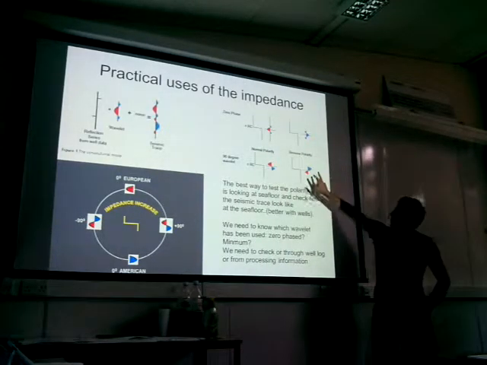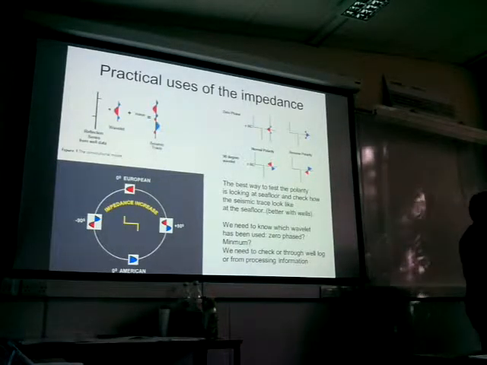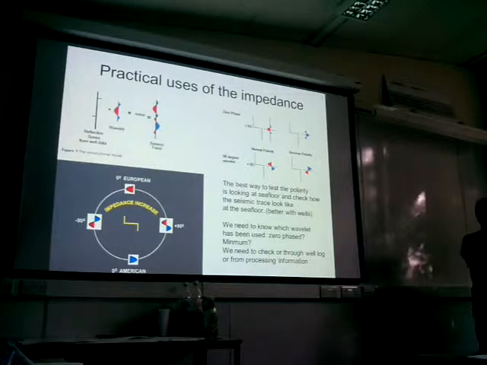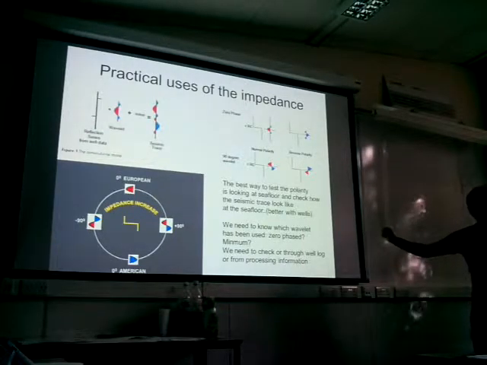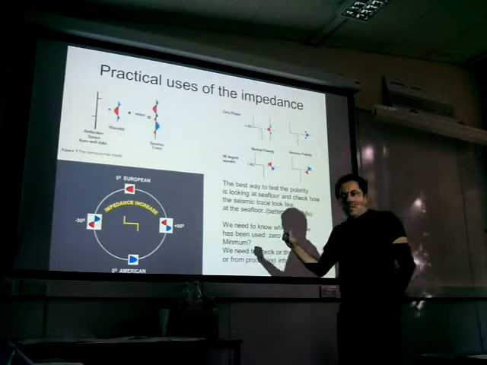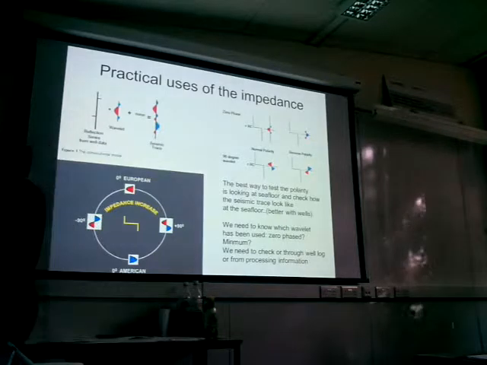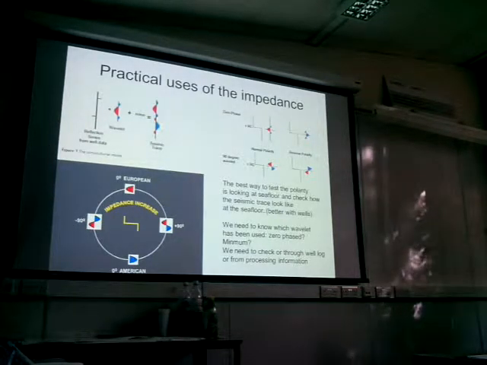Otherwise, if the seismic hasn't been zero phased, then you have to be careful, because the peak doesn't correspond to the place where you have the impedance contrast surface, but it's shifted by about 90 degrees. Okay?